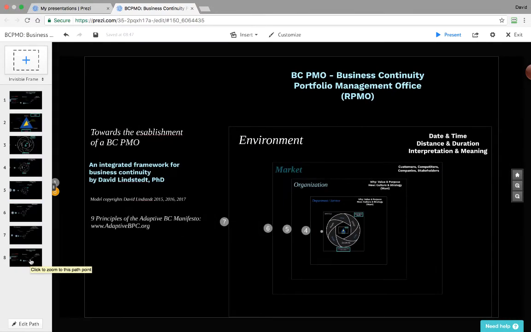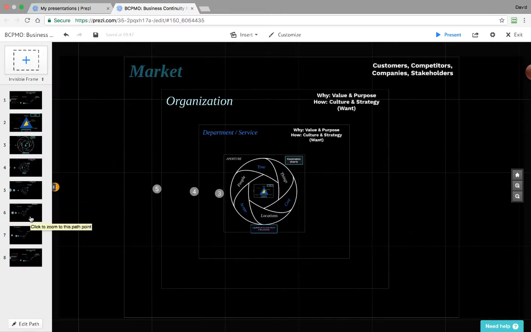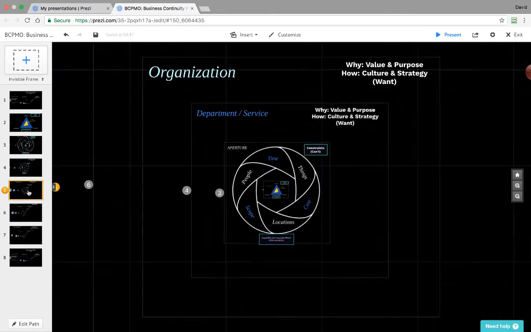Because so many of these things are unpredictable, and we're certainly not going to prepare for any particular threat or disaster. The impact, the time, the date, the distance, duration, the interpretation, the meaning, the changes to the market, how the organization wants to react to those changes are all going to be very different.